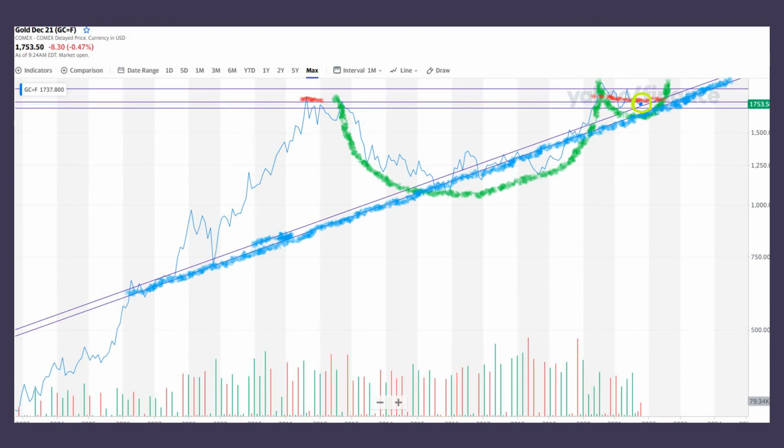A lot of us have gold and silver. Remember, we talked about interest rates going down, and it's very hard to see. I apologize, I sort of cut off the dates here, but this blue line is the price of gold. You can see as interest rates went down after the great financial crisis, gold went up.